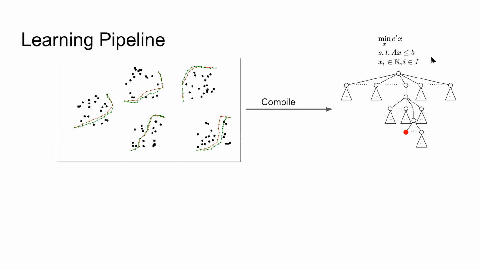We're navigating this combinatorial space of solutions via the tree structure and trying to find where the optimal solution is. Once we have compiled into this problem structure, we design some methods to generate the training data, and then learn some model that makes a decision within this framework.